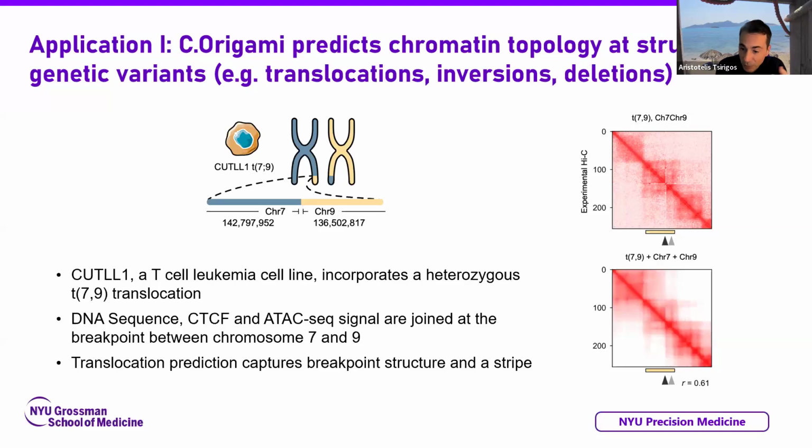So there are actually real phenomena happening in the nucleus in terms of chromatin organization. And we were impressed that the algorithm not only was able to find the overall structure and these squares and these triangles, but it was able to clearly identify this stripe, which is actually not that clear in the ground truth experiment. So it does perform some additional smoothing that helps detection of these features.